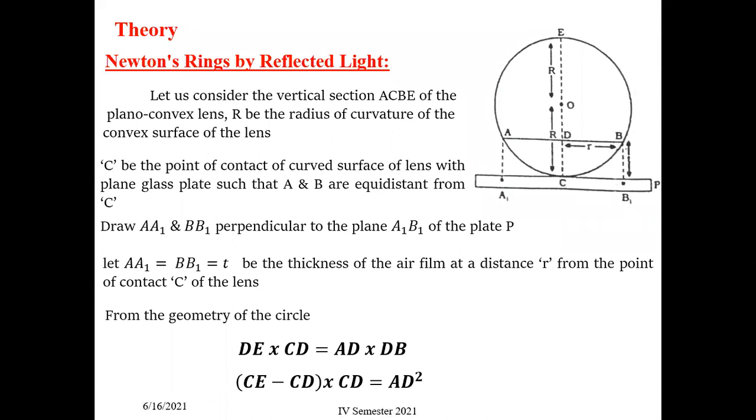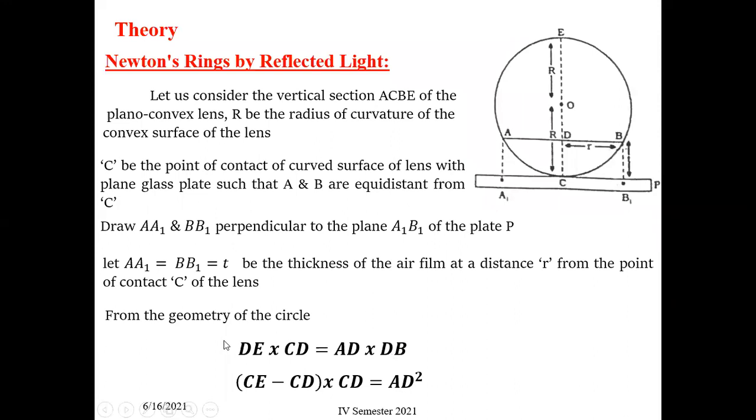See the figure: CE minus CD is equal to DE. So (CE minus CD) into CD equals AD into DB. Here AD is equal to DB, so instead of DB you can write AD. That is going to be AD square.